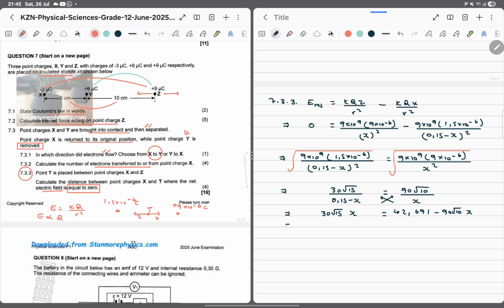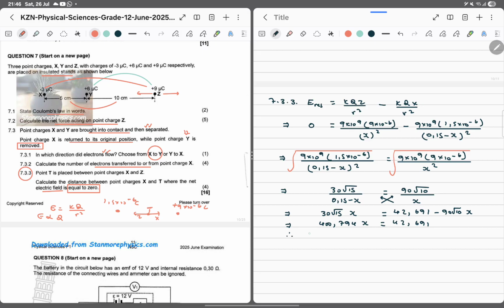All right, so this implies that we add the x values together. So we've got 30 root 15 plus 90 root 10. All right, so this one gives us 400,794 x equals 42,691.